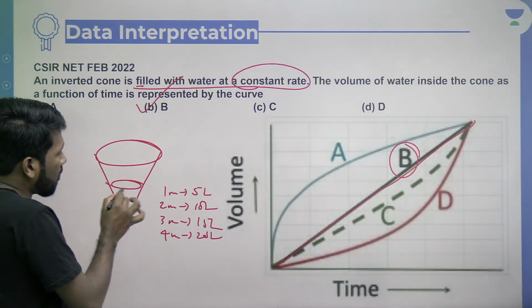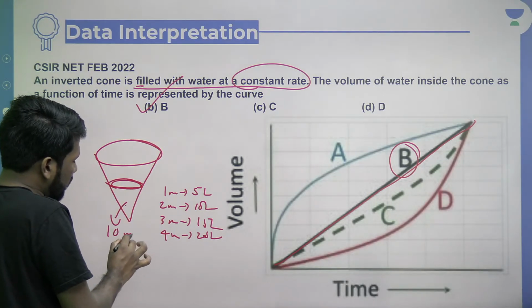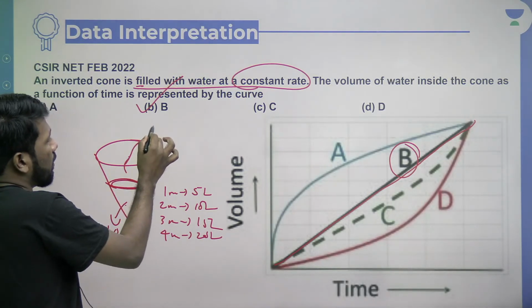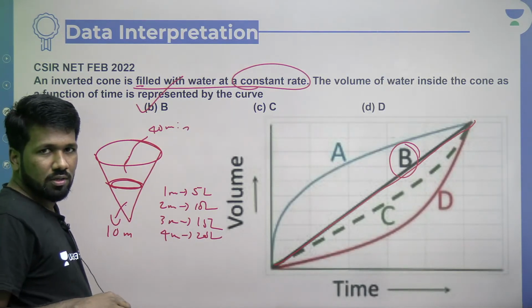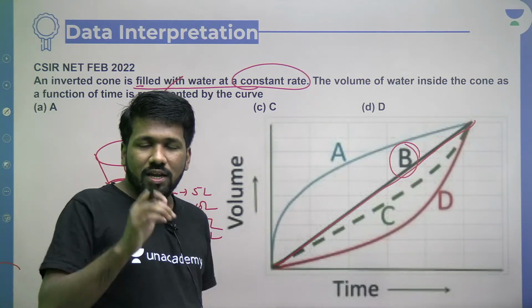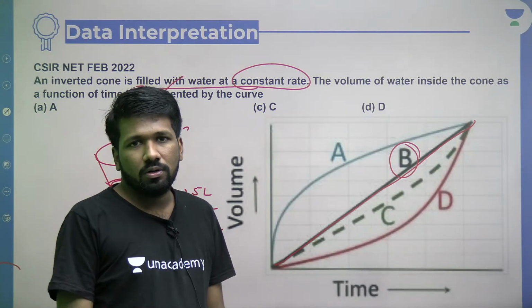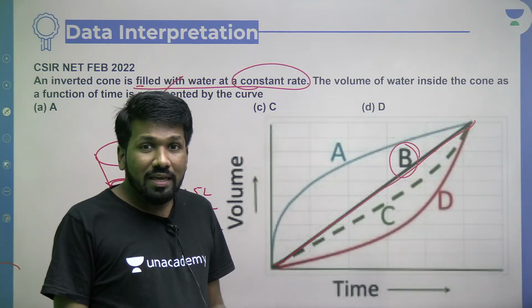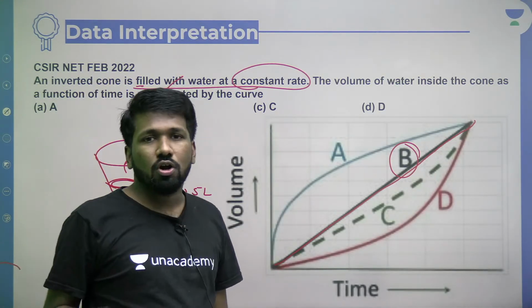Like the bottom half takes 10 minutes to fill, then maybe the top part takes 40 minutes. I am telling just an example. Because when the height is increasing, the radius is increasing, so the circumference to be covered is more. That is why the height of the water column is not increasing at a constant rate.